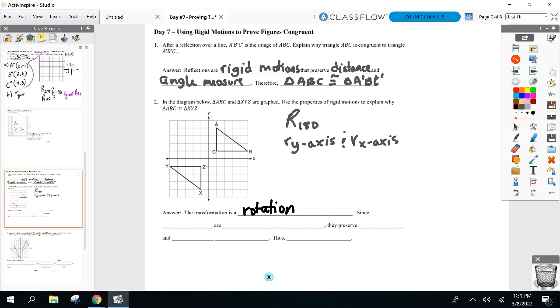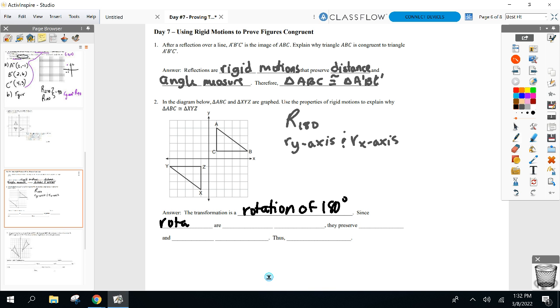I need more detail. So in this case, a rotation of 180 degrees. The transformation is a rotation of 180. Since, what did I do? Rotation or reflection, if you did the other one.